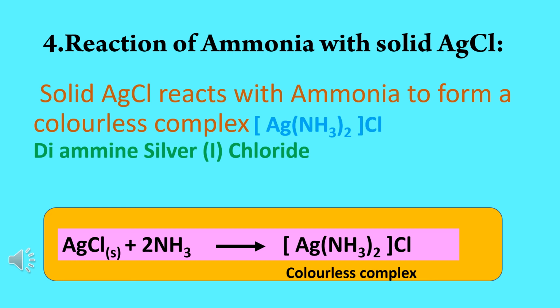It is also a complex compound. With this reaction also, we can say ammonia is a good complexing agent. That is, it is capable of forming coordinate covalent compounds or complex compounds. So, the reaction of solid AgCl with ammonia forms a colorless complex called diamine silver(I) chloride. Is it clear, students?